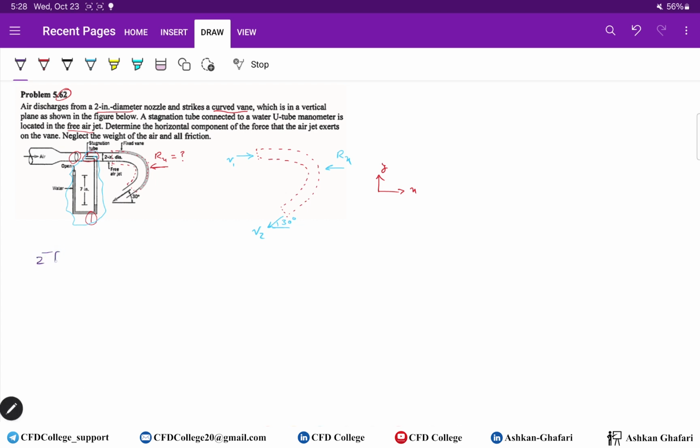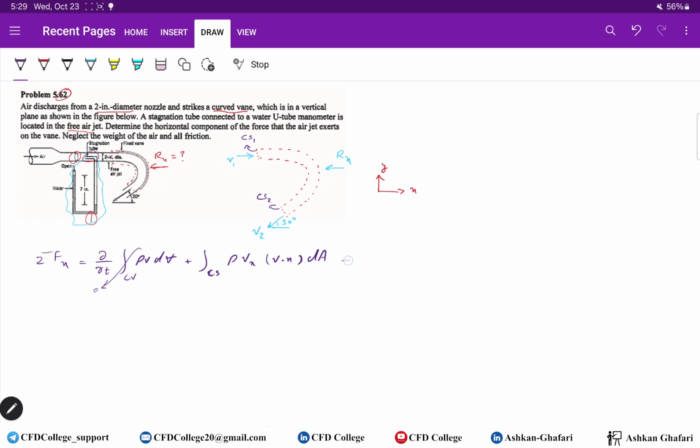So the summation of forces in x direction equals the change of momentum inside the control volume plus the exchange of momentum through control surfaces, rho Vx V dot n dA. This is CS2, this is CS1. So we have two control surfaces.